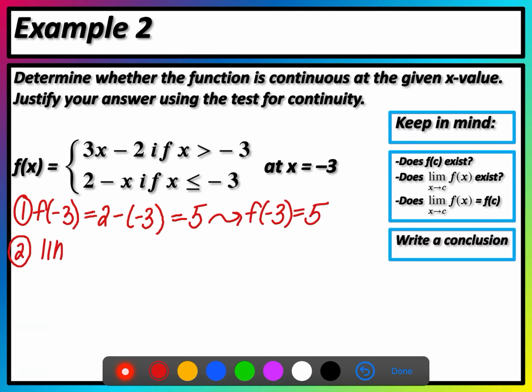Now step 2, we're finding the limit. And remember, for piecewise functions, one of those equations is the limit from the left, and the other one is the limit from the right. So we actually have to calculate both of those algebraically.